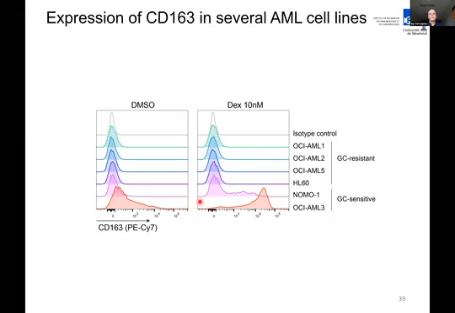Okay, now if you look at several cell lines that are GC resistant or GC sensitive, you will see that the sensitive cells do express, and it varies, some levels of CD163, whereas the resistant cells do not. This is again 10 nanomolar of dexamethasone.